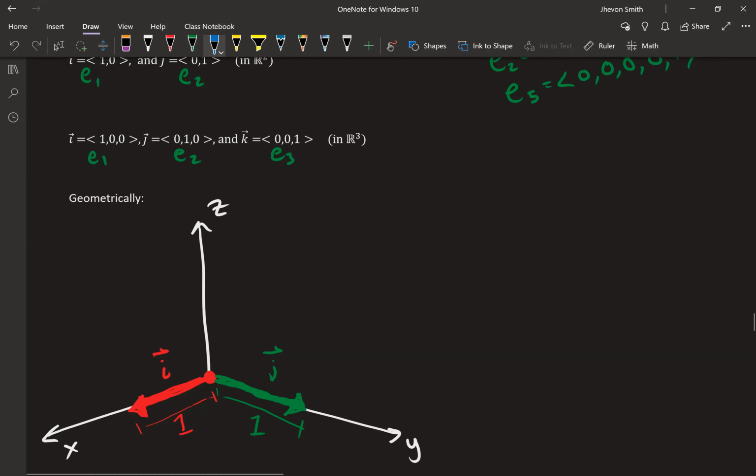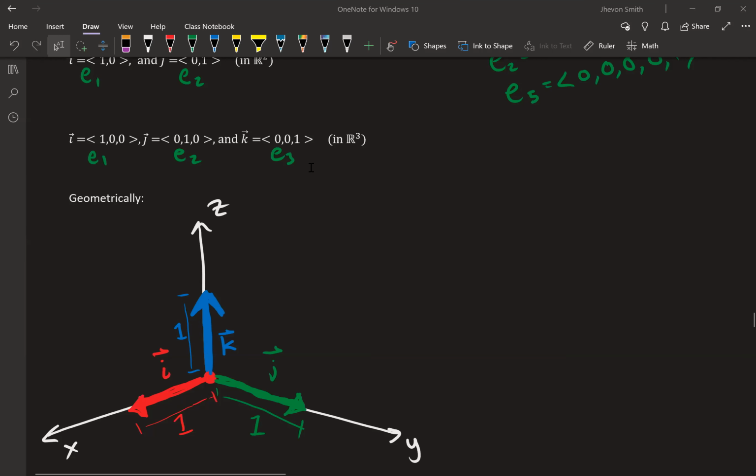Then lastly, we have the so-called k vector. That's the guy that runs along the z-axis. It's called k. He also has length 1. So these are all guys that are called, quote unquote, unit vectors. So that was something that I asked about in the quiz today. A unit vector is just a vector with magnitude 1, right?